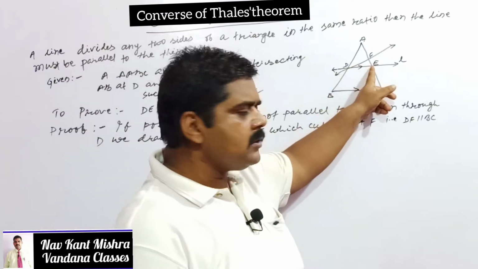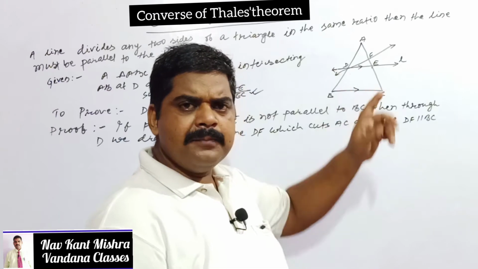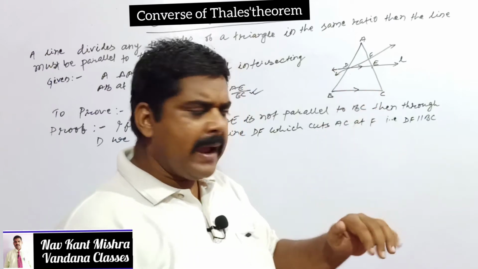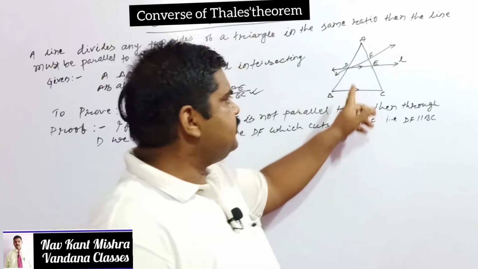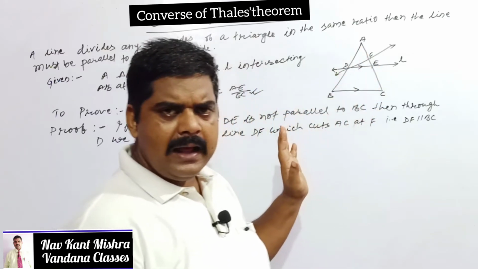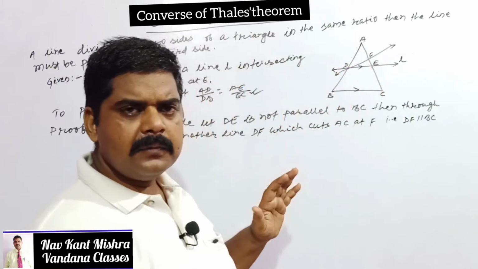If DE is not parallel to BC, then there must be another line which is parallel to BC. So I draw DF, another line which is parallel to BC.